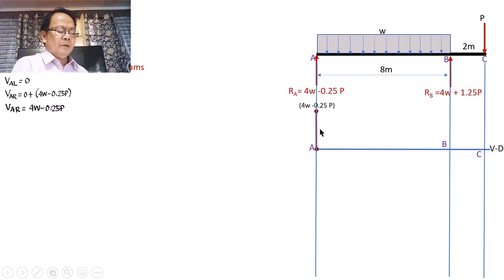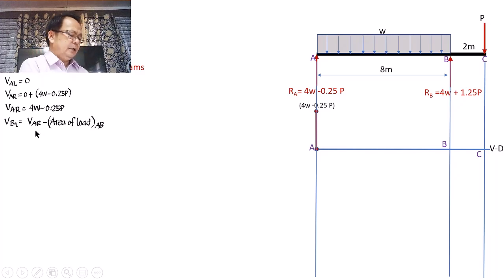Ba? So, pagkatapos niyan, solve natin yung shear at the left of B. Na kung saan yung shear at the left of B will be taken as the shear at the right of A plus the area of the load diagram between A and B. And because the load diagram is directed downward, magiging negative ito.